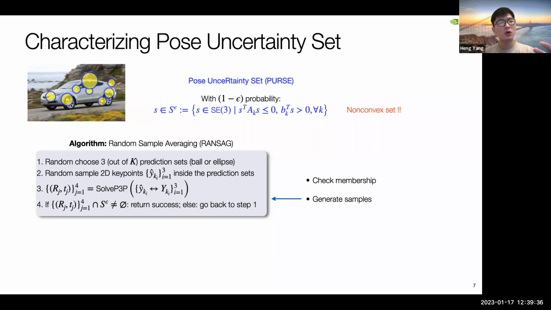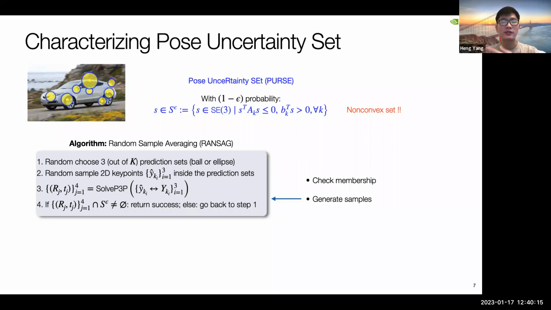So by having the three candidate key points, I can get a candidate rotation and translation. This candidate will make sure that the reprojected key points lie in the balls corresponding to the 3 choices you've made, but it may not project the 4th key point onto the 4th ball. So you have to check if this candidate rotation and translation is actually in my pose set. If it is, then I get 1 sample.